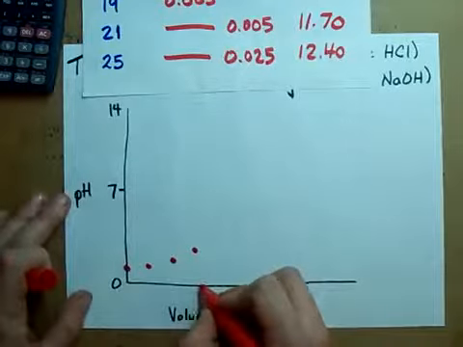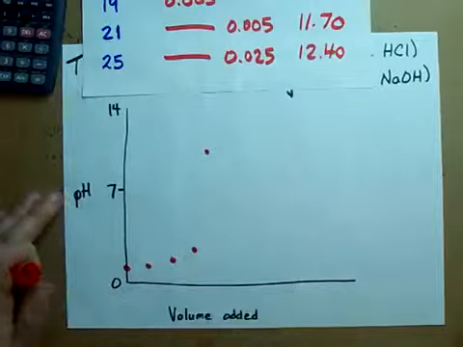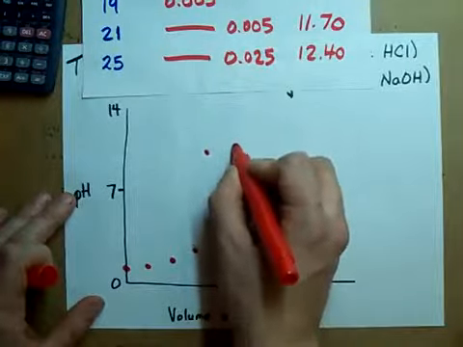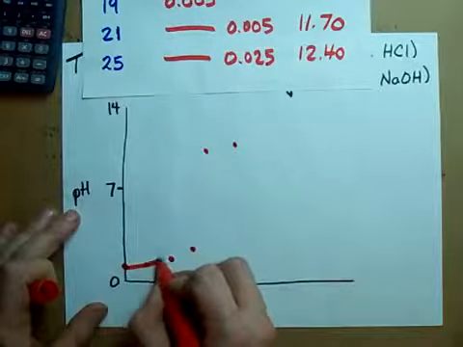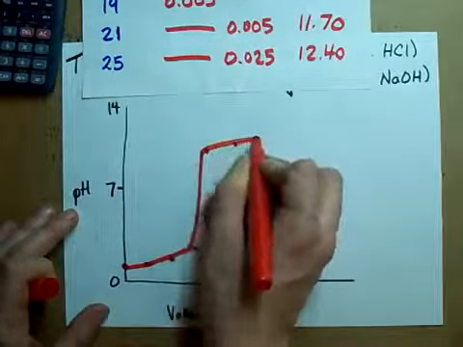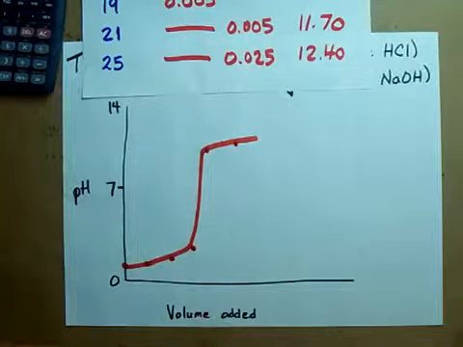When I added 21 milliliters, my pH jumped up to 11.7. When I added 25 milliliters, my pH was 12.4. So here's my curve. It went up, and then shot up, and then flattened out. Oh boy, does this look like a titration curve.